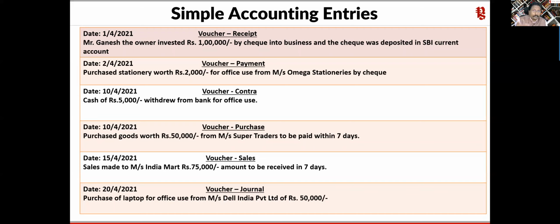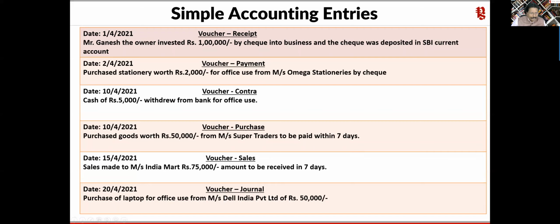So which voucher type are you going to use? I can't use purchase because it is not part of my trading. It is for my office maintenance or office operation efficiency that I am buying stationery, right? So these kinds of transactions, where you do a credit transaction for your non-trading or non-manufacturing procurement, you will capture in journal entry.